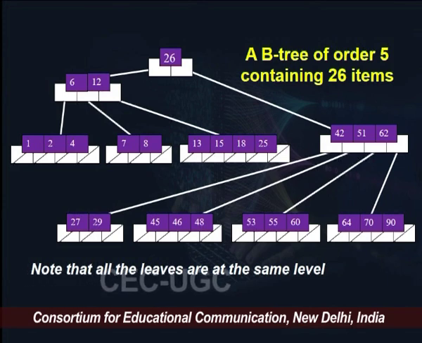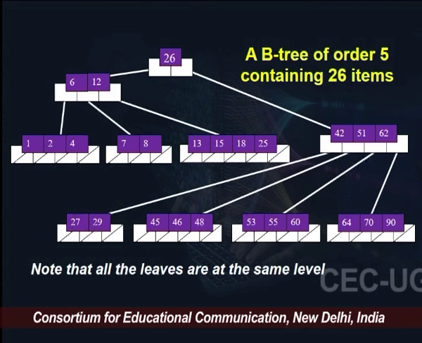Now, we have 6 and 12 as the second level, and on the right hand side, the second level has 3 keys. So, the node with 3 keys has 4 children, and the node with 2 keys has 3 children.